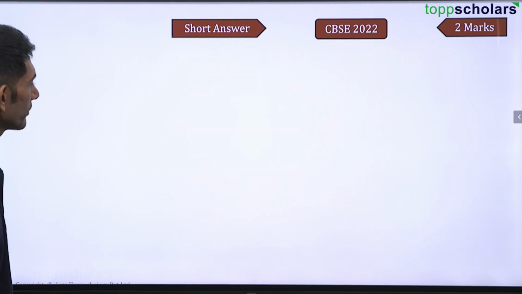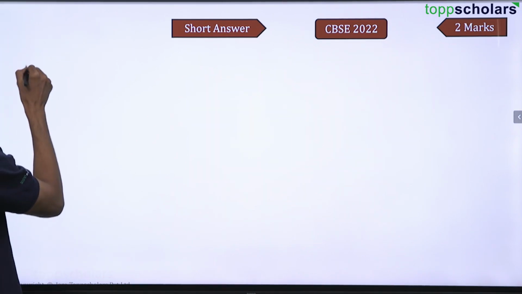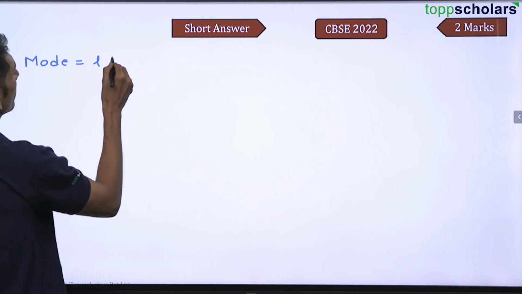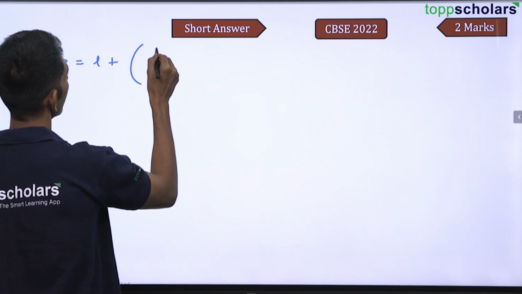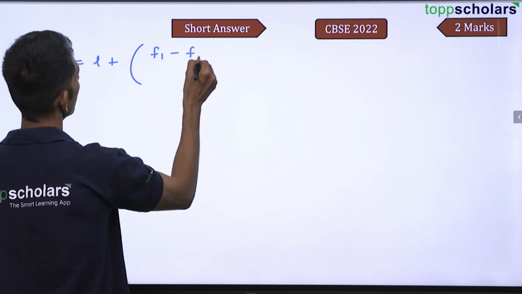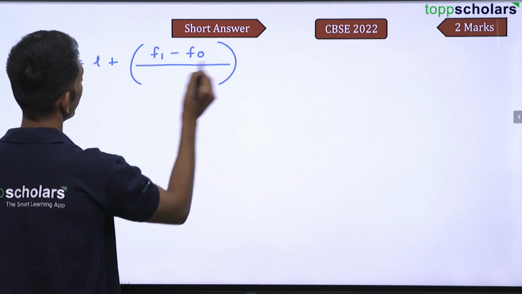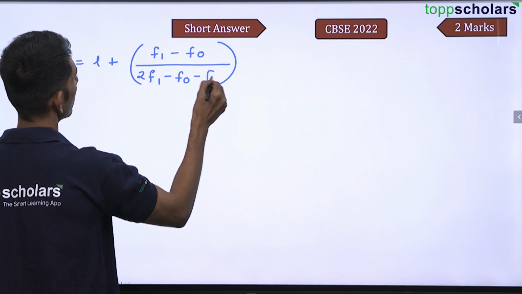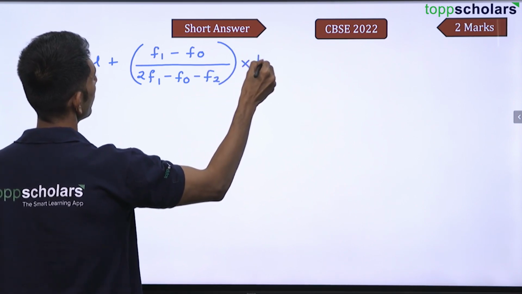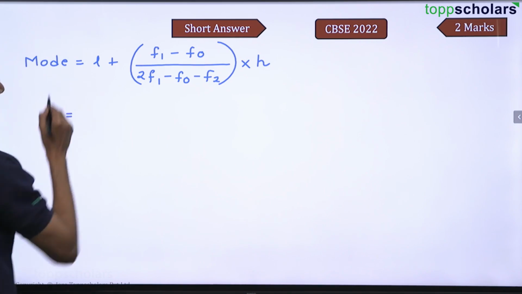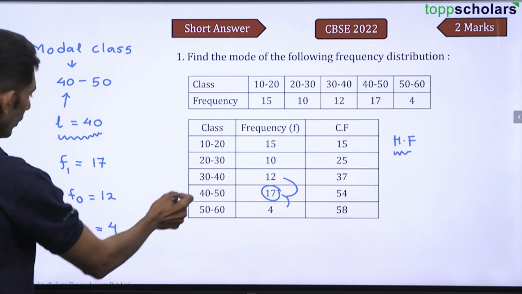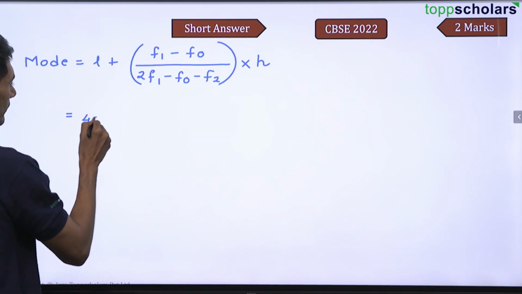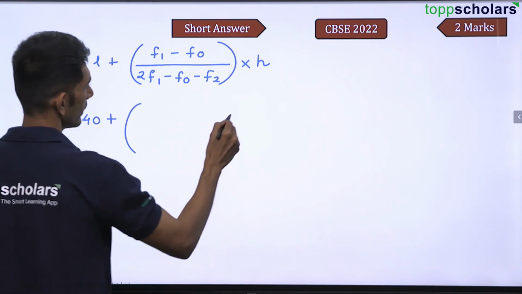Let us put in the values. What is the formula for mode? Mode is equal to L plus F1 minus F0 by 2F1 minus F0 minus F2, into H. L, the lower limit, is 40.